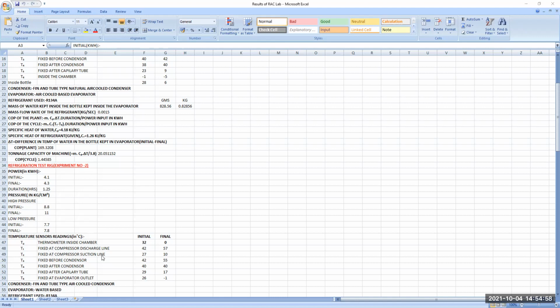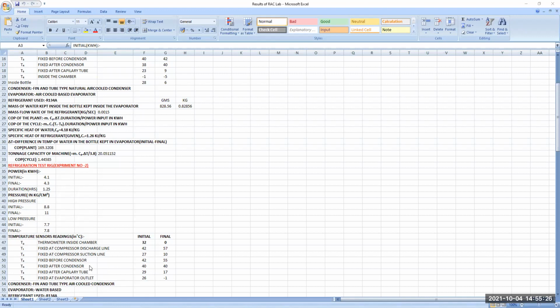The temperature fixed at the suction line, the inlet of the compressor, is 27 initially, and it reduces to 10. The temperature before the condenser, when the whole portion is in a gaseous state and will be converted into liquid, was initially 42 and rose to 55.